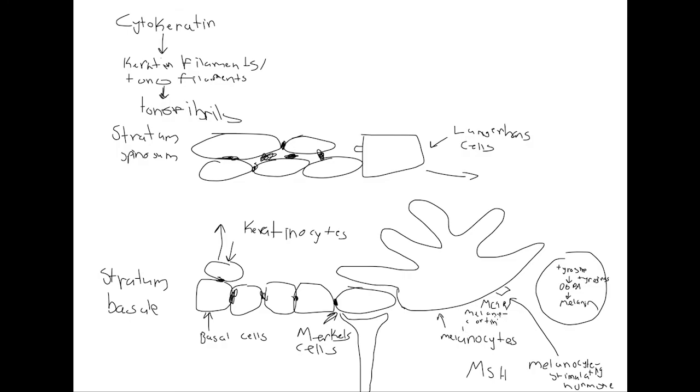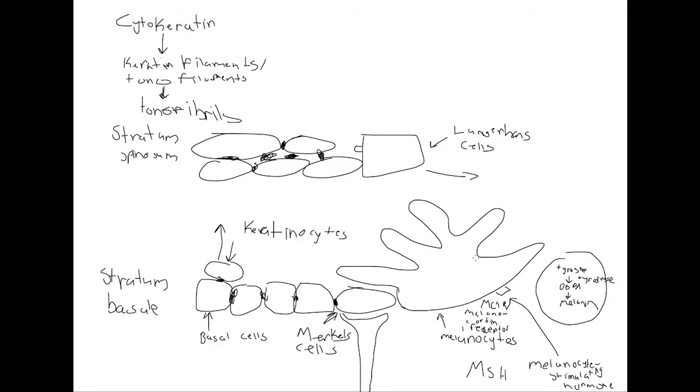There's no dash usually; I just had to put a dash here because there wasn't enough room. Receptor. Okay. And once it binds to this, that will trigger tyrosinase production to increase. And when that happens, melanin production will also go up.